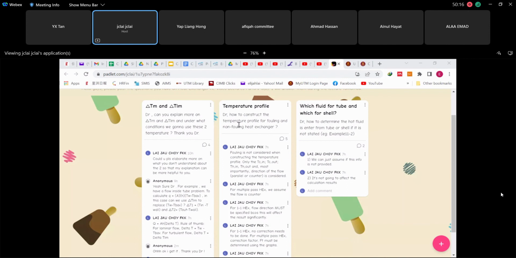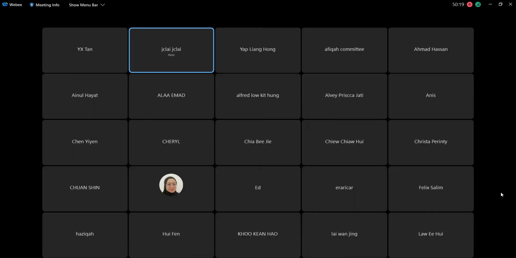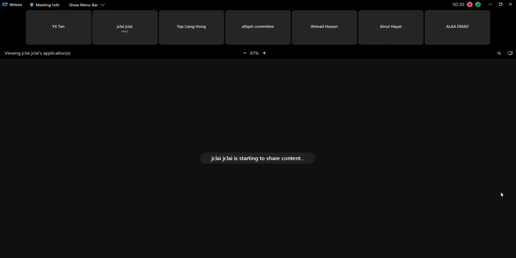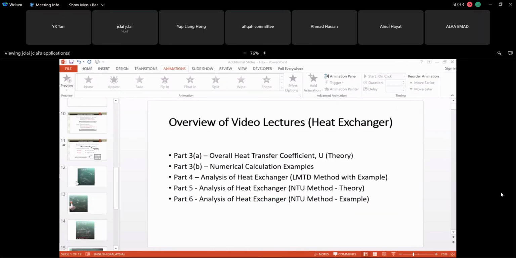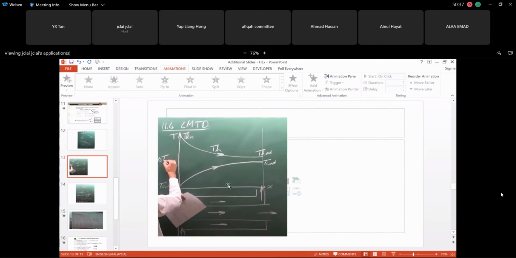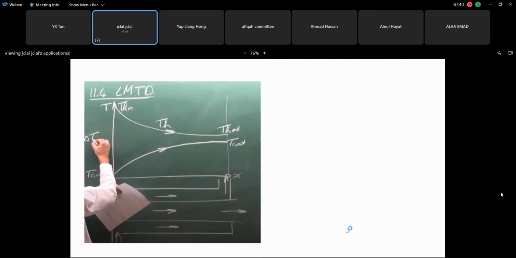Let me show you what the temperature profile is for a heat exchanger. Okay, this one. This is the temperature profile. You see, X is the length, right? This is the heat exchanger, right?